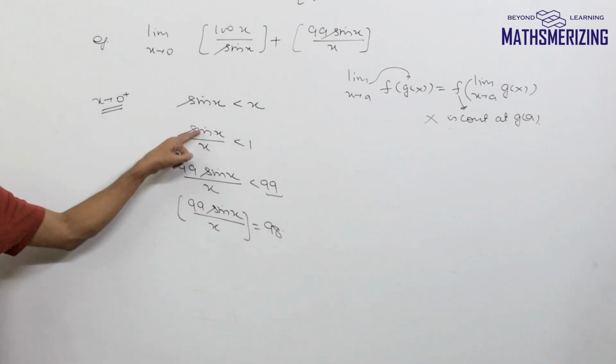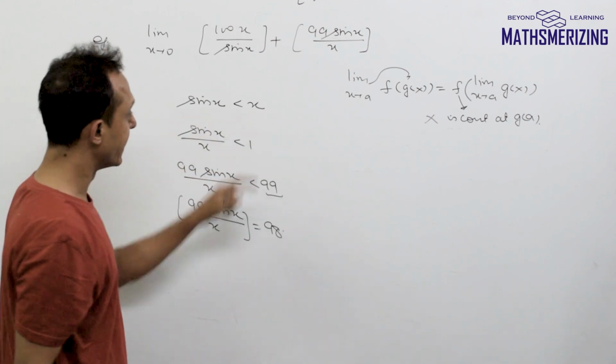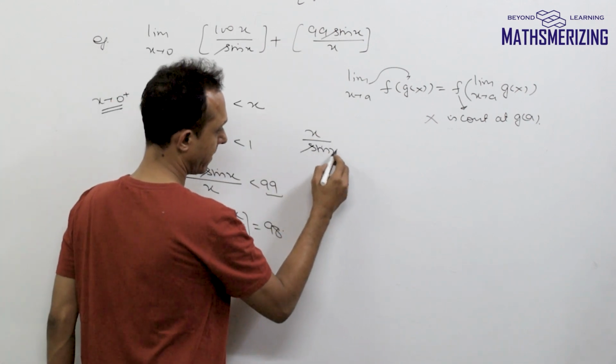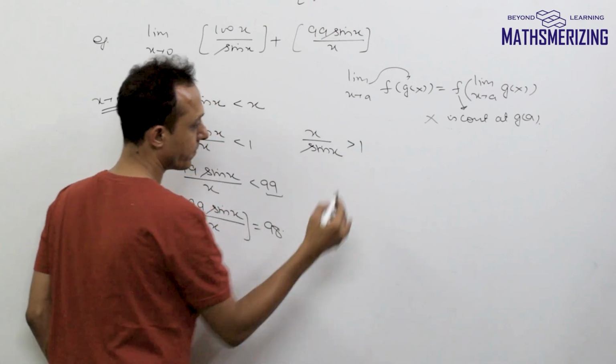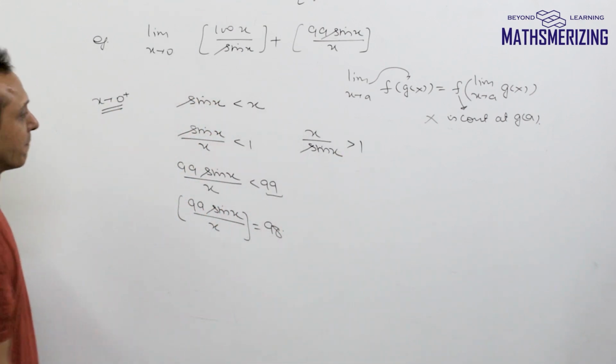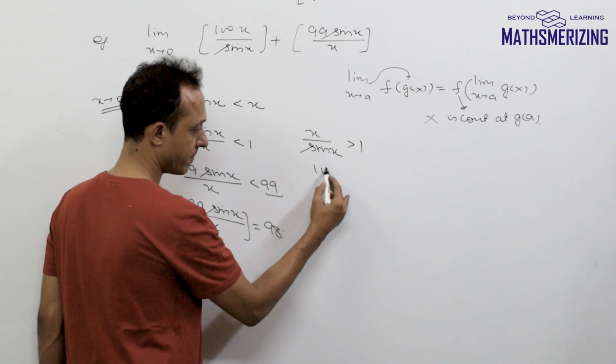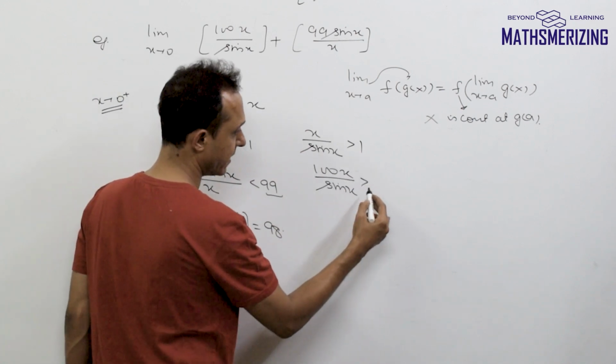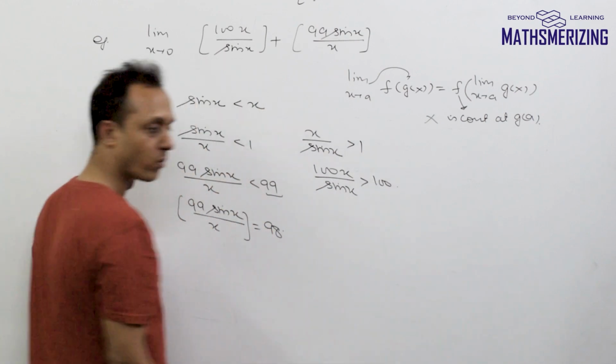Now what about the other expression? Since sine x is less than x, x upon sine x is greater than 1. If I multiply it with 100, then 100x upon sine x is greater than 100.